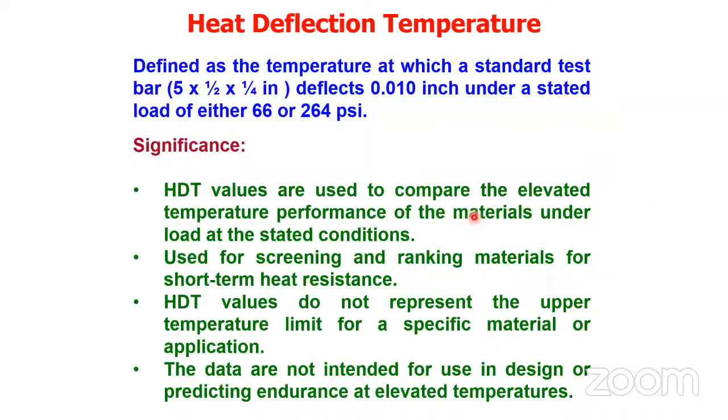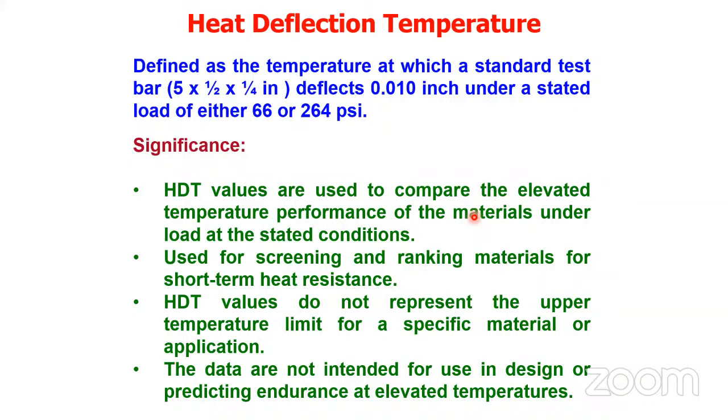Okay, so the significance is that HDT, that is heat deflection temperature, values are used to compare the elevated temperature performance of materials under a specific load at the stated conditions. It is used for screening and ranking materials for short term heat resistance.